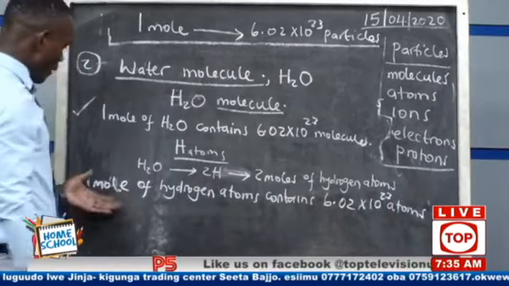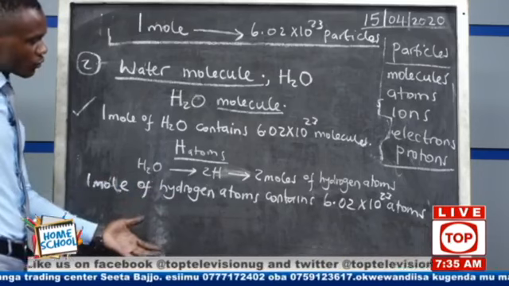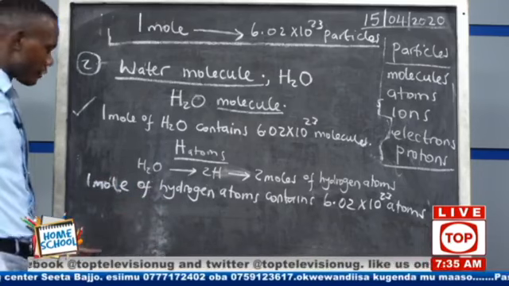Okay? 1 mole of hydrogen atoms is containing 6.02 times 10 power 23 atoms.